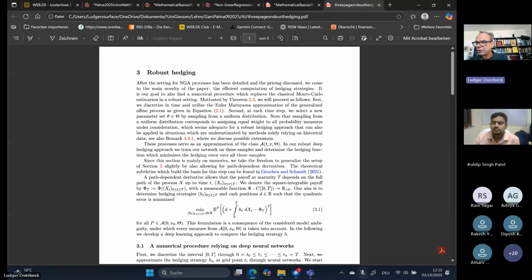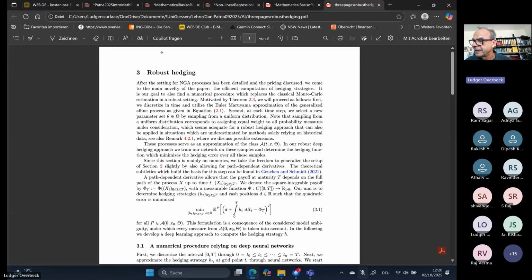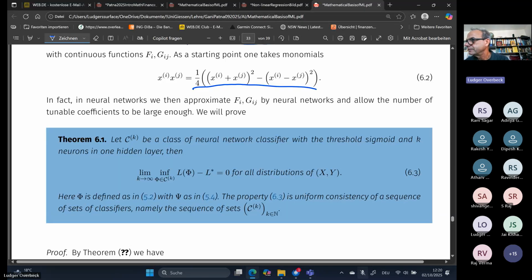It's robust hedging. That's a paper by, again wrong. Okay, I hate Adobe.